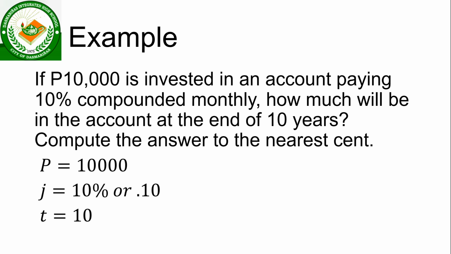We also have T as 10 because the time here is 10 years, and M is 12. So why is it 12? Because it tells us that it is compounded monthly. If it compounds monthly, meaning to say it is compounded 12 times in a year, because M stands for the number of compounding periods in a year.